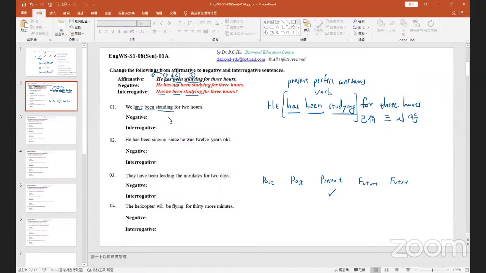If you want to say no, how to say no? 1, 2, and 3, 3 words together form the verb. So you put these to the beginning of the sentence. If you want to change it to a question mark, change it to interrogative.